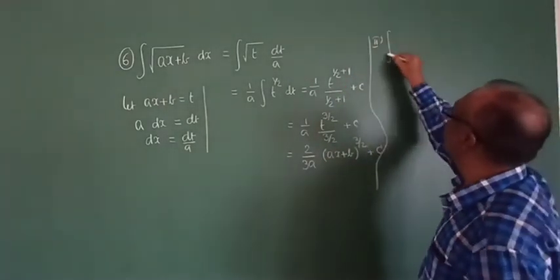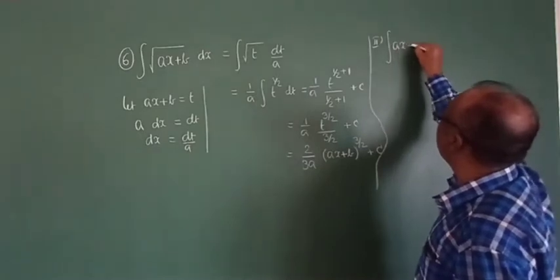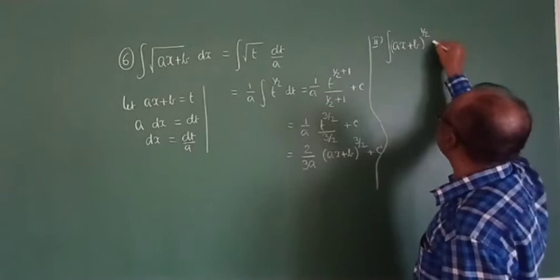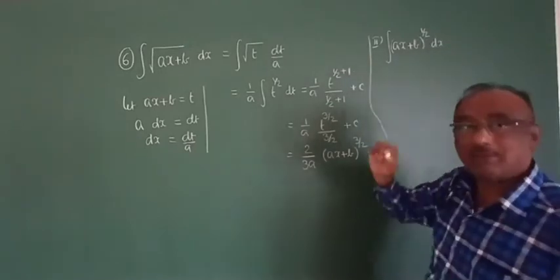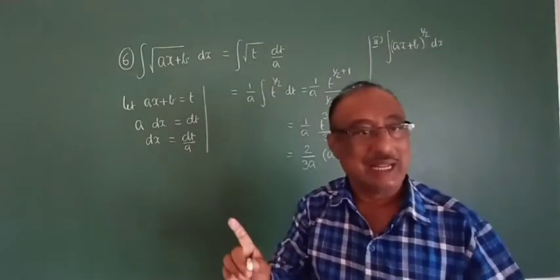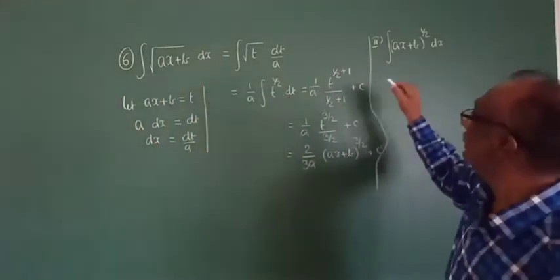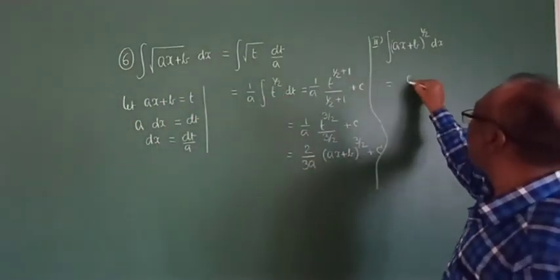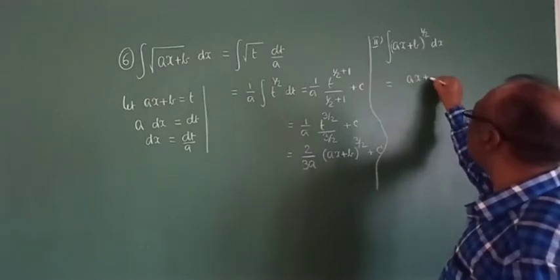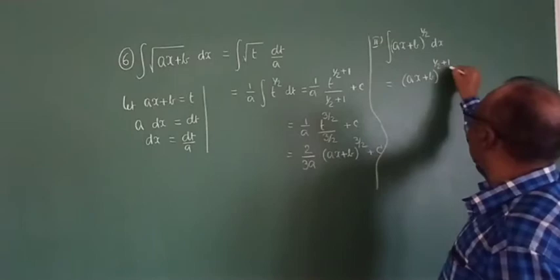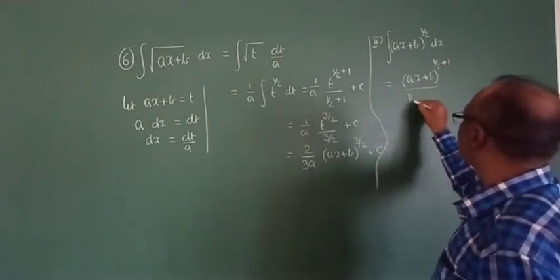The integral of (ax plus b) whole power of 1 by 2 into dx. First integrate using the x power of n formula: (ax plus b) whole power of 1 by 2 plus 1, divided by 1 by 2 plus 1.